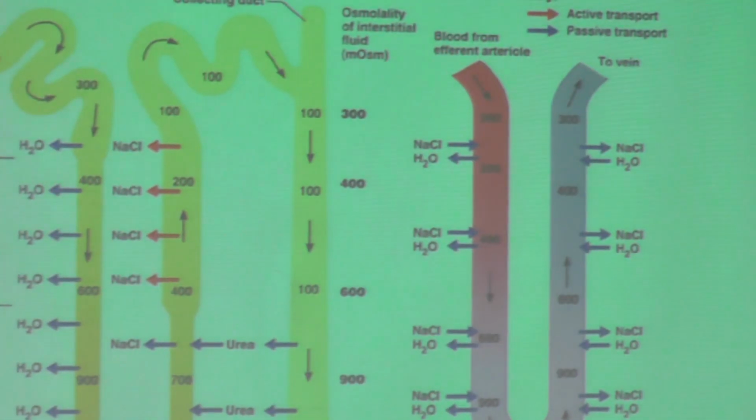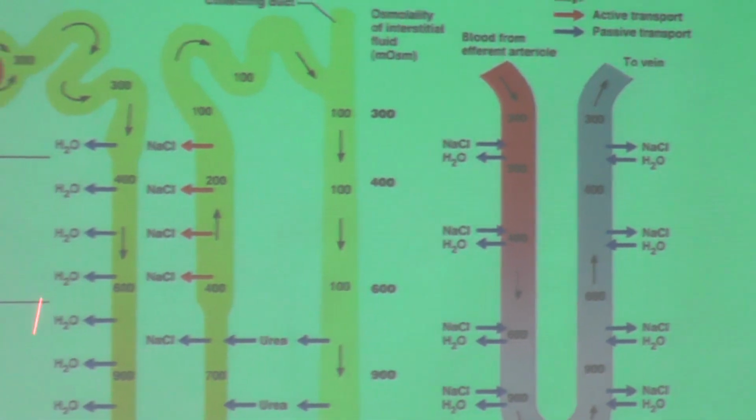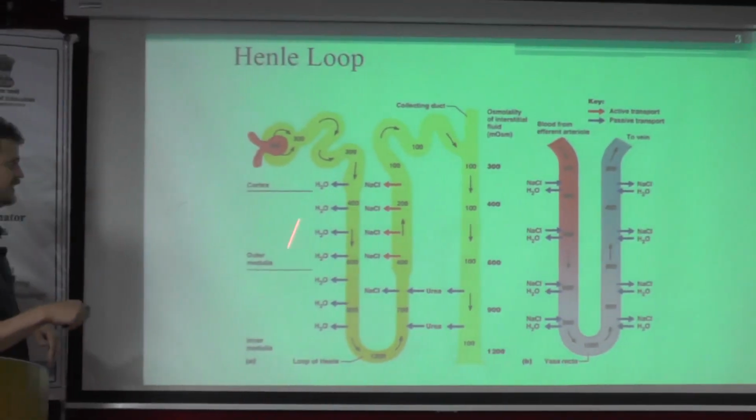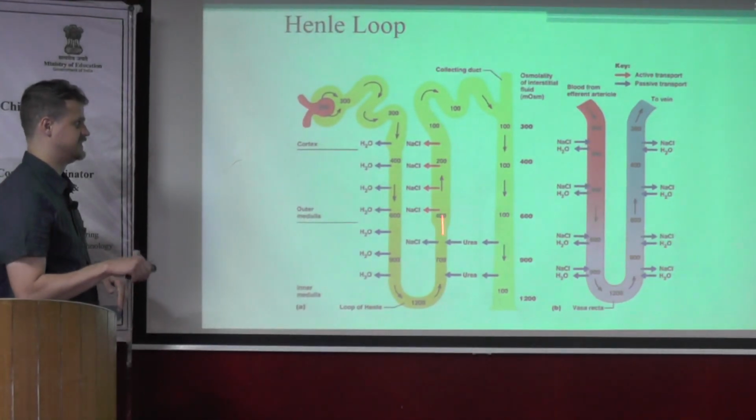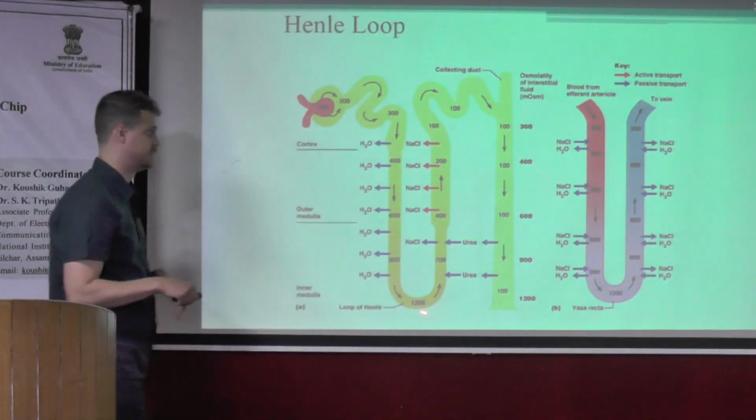So we're talking about the Henle loop, and usually what we consider is that the descending loop is highly permeable to the water flux, and the ascending loop is highly permeable to solutes.